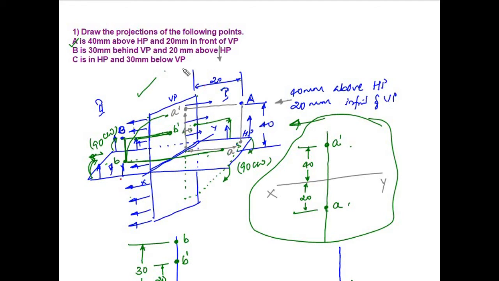Top view will come on the horizontal plane. When the plane rotates 90 degrees clockwise, it goes above XY line. It is in HP, so front view will come on XY and top view will come.